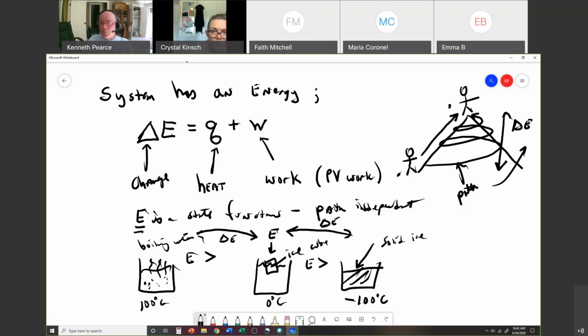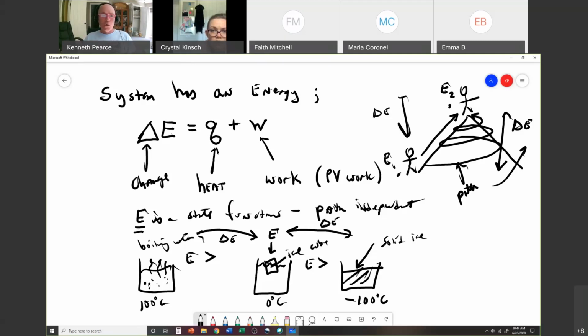So that's what we mean by it's a state function. So your height, the energy up here and the energy down here, are what are called state functions. And so the difference between the two is delta E. Okay, so they're both state functions. Your position is a state function. How you got there is not a state function, it's path dependent.